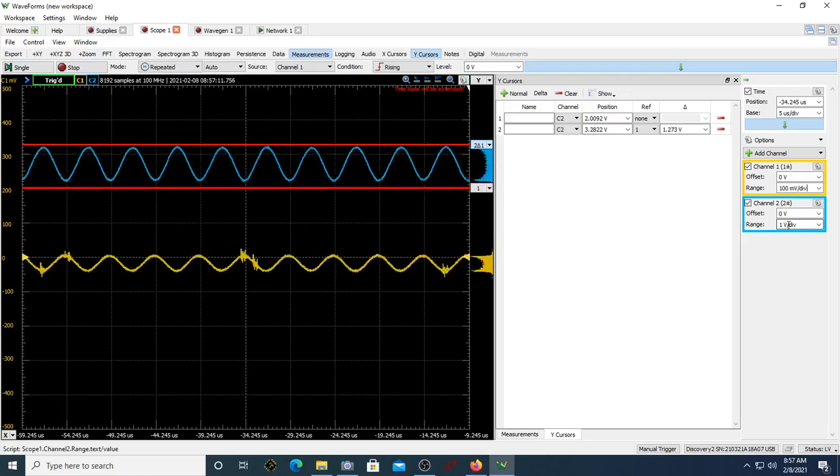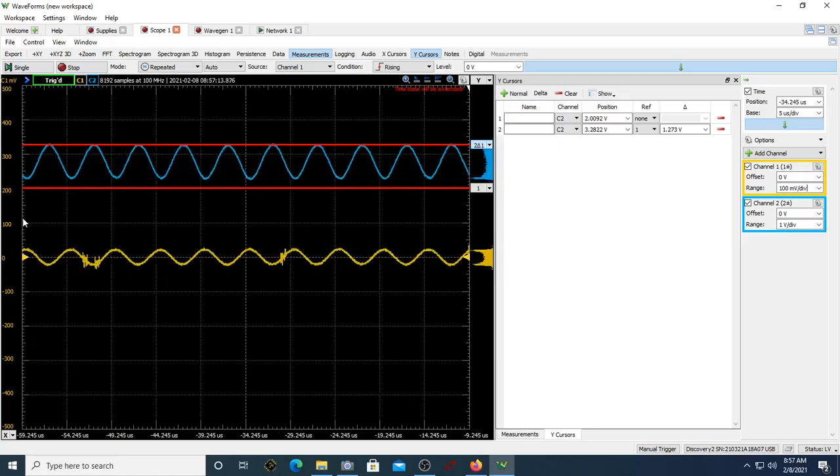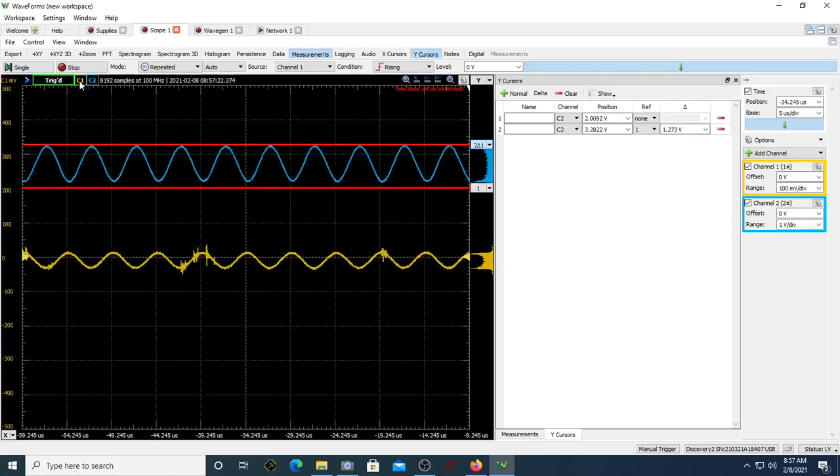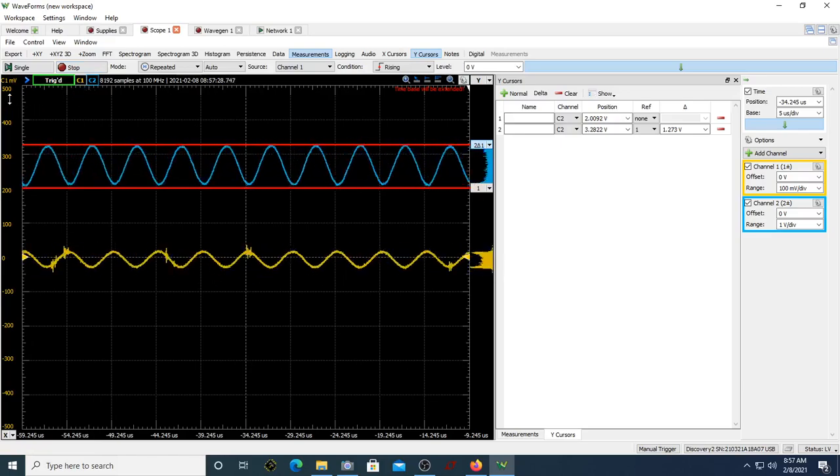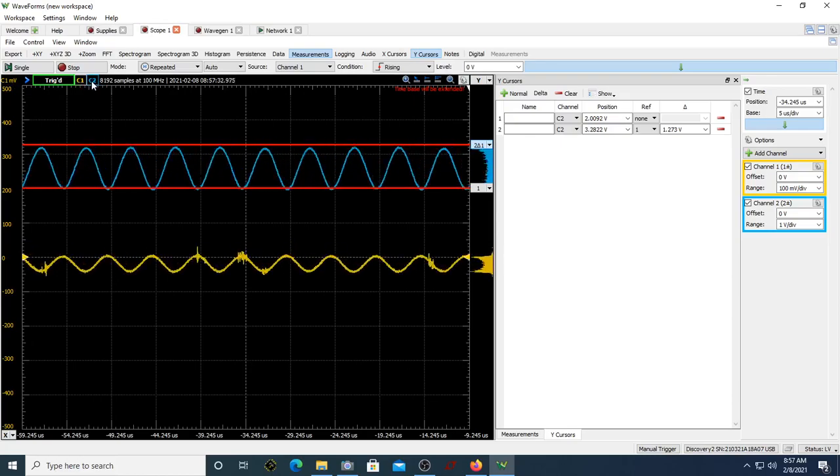Now since it is 1 volt per division, this is 1 volt, 2 volt, 3 volt, 4 volt, 5 volt. If you want to see 5 here, I have to click on this C2. Click on C2, you'll get 5. If you click on C1, you'll get the corresponding range being displayed here. So this way you can change the things you are observing by clicking on either C1 or C2.